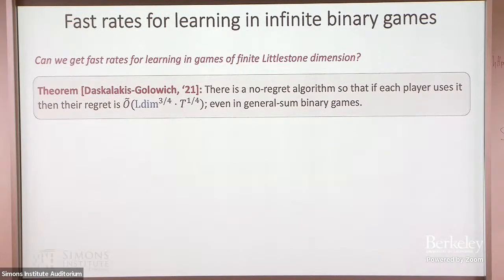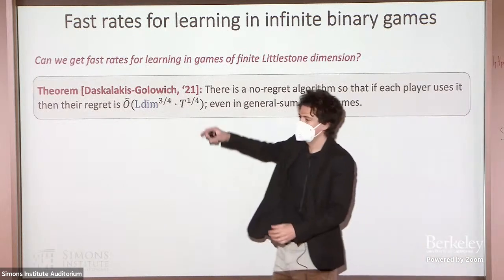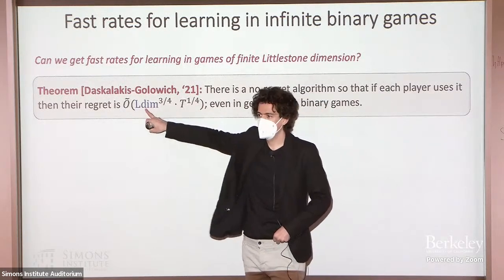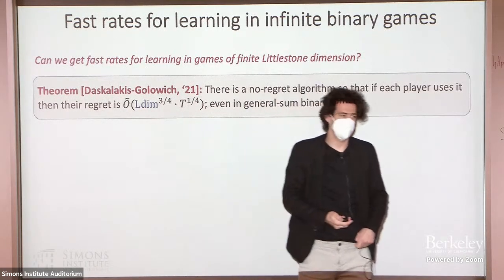Here's a result that we can establish: not only does min-max equilibrium hold if a game has finite Littlestone dimension, but we can also replicate the types of rates that Sirgianis et al. get for finite games in these infinitely large games. So there are no-regret learning algorithms that converge to equilibrium with a regret that does not go like root T, but that grows like T to the 1/4, with the Littlestone dimension of the function class at the front.